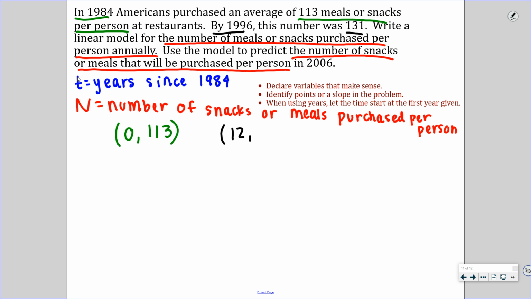Yep, 12. This number increased to 131. Okay. So now if I want to find my rate of change from 12 years after 1984, from the original 1984, I really just find my slope, right? Or I'd find my difference between the number of meals or snacks over my difference in the years, which is just calculating your slope. So let's go ahead and do that.